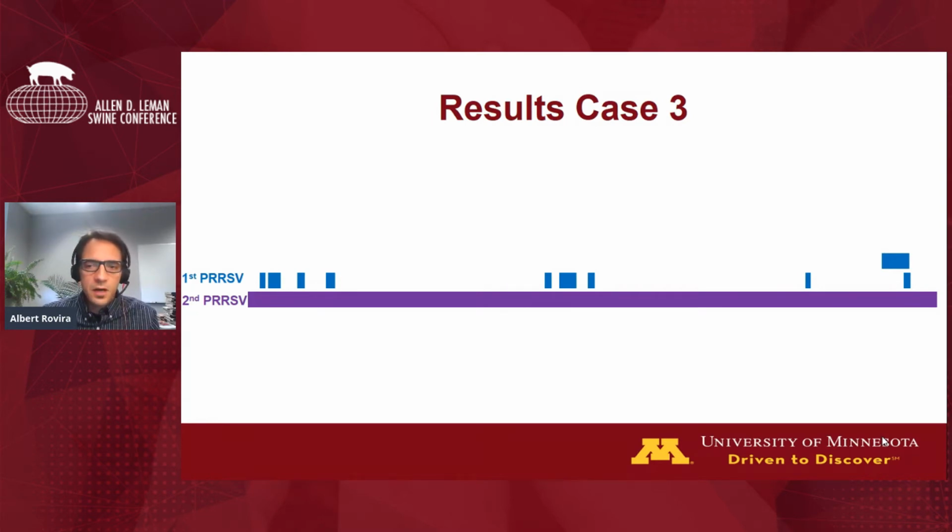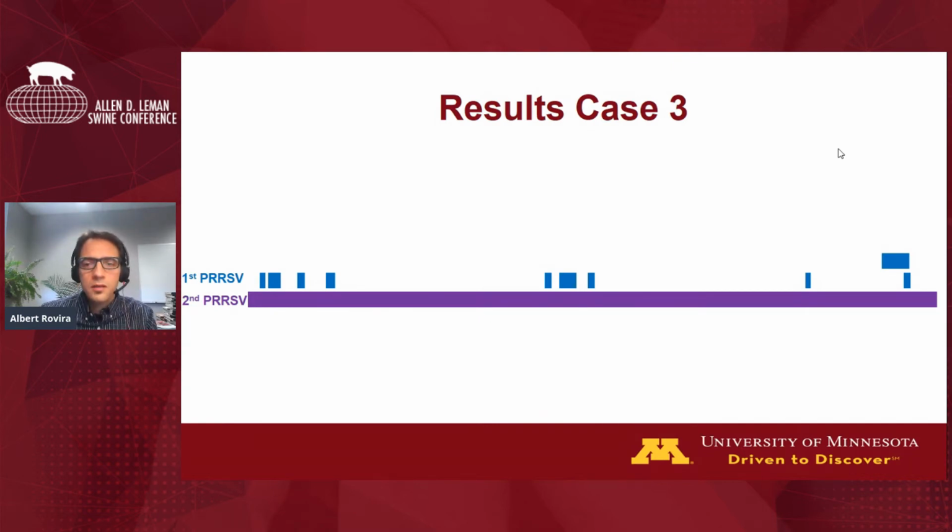And so we have 9 fragments. And then on top at the right-hand side, I think you can see my cursor, you have the ORF5 sequence that we had from before. That is also from the first outbreak. And so the good thing here is we have some fragments that are at the first part of the virus, some are in the middle, some are towards the end of the virus.